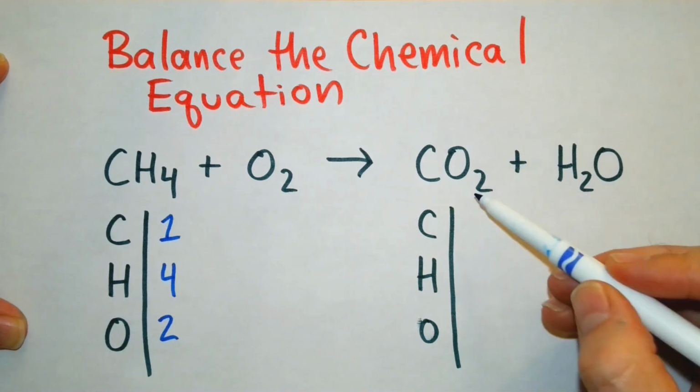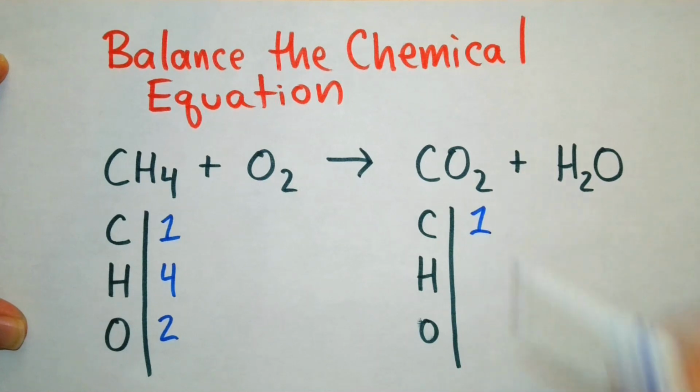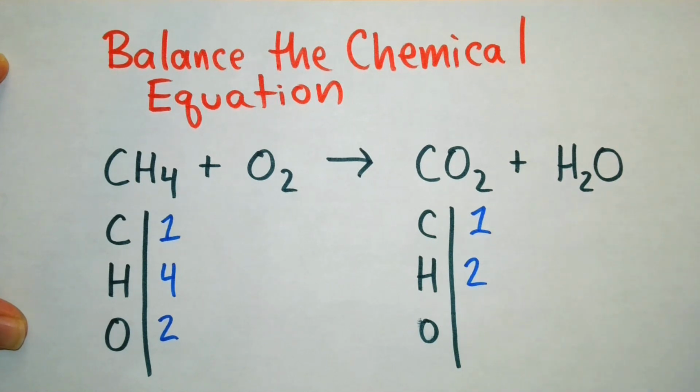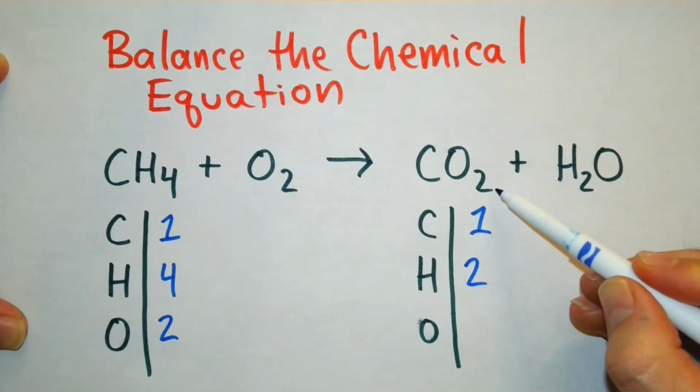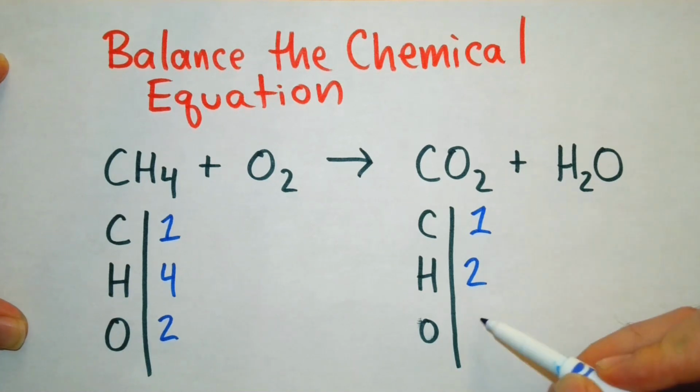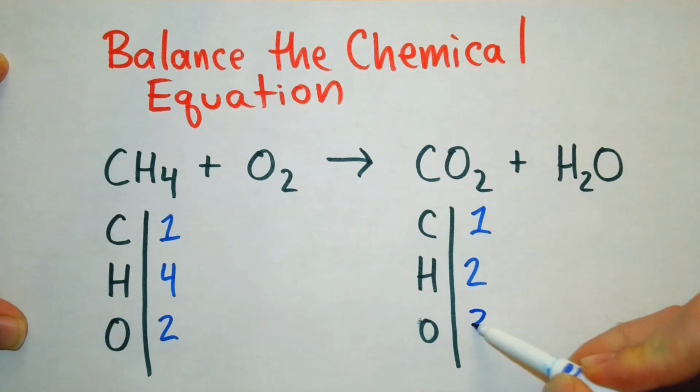On the product side, we have 1 carbon, 2 hydrogens, and a total of 3 oxygens. We have 2 from the CO2, and 1 from the H₂O. So that gives a total of 3.